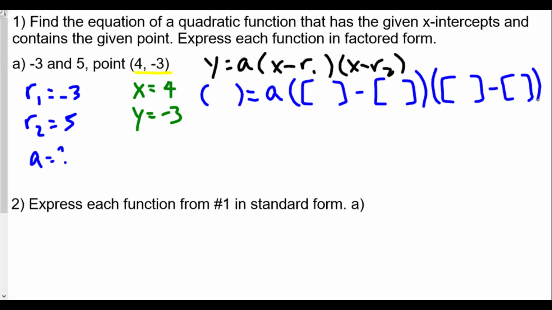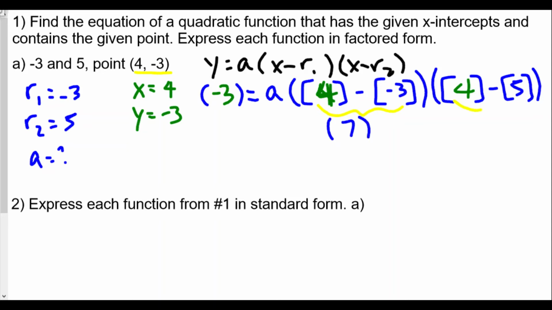And now we're just filling in information. The y value we said was -3. The x values are 4, so 4 here and 4 here. Our r1 is -3, and r2 is going to be 5. So all we're doing is plugging these values into our formula. Now we evaluate. 4 minus -3 is going to be +7, actually. 4 minus -3 is +7.